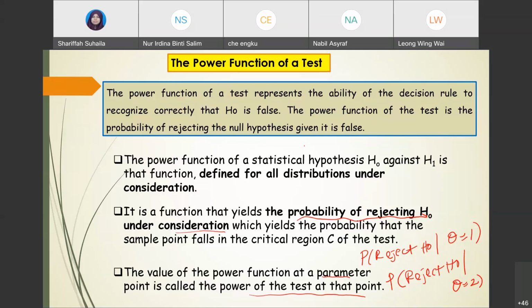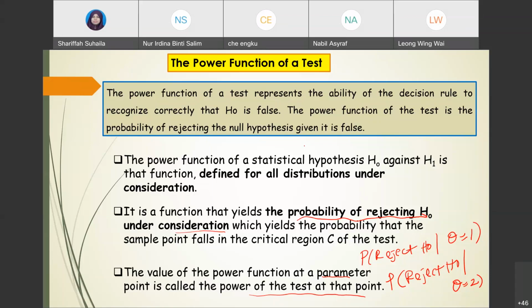So kita boleh compare lah. Kalau theta equals to 1, apa dia punya power function dia? Kalau theta equals to 2, apa dia punya power function dia? Okay. So power function ni dia punya ni adalah lebih kepada apa dia punya probability of rejecting the null hypothesis. Okay, kita assume lah the true population mean is equal to the critical parameter value. Ataupun kita boleh tulis sebagai probability of rejecting the null hypothesis when the parameter is equals to some value of theta.